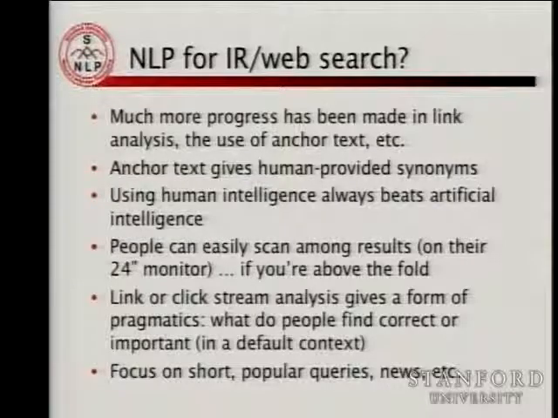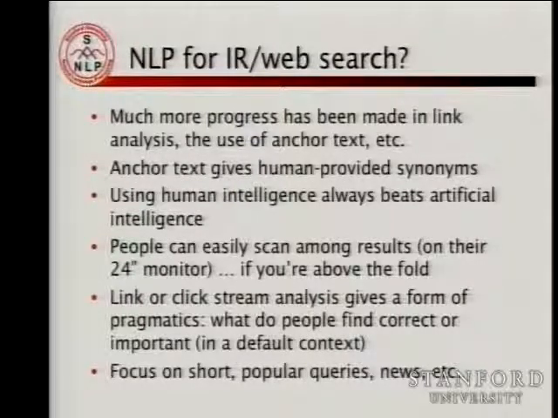Okay. So in practice, if you look at what's been driving a lot of the progress in web search, you couldn't honestly say that a lot of it has been high-level natural language processing. Lots of other things like anchor text have been giving much more value. And there are interesting ways to think about that.